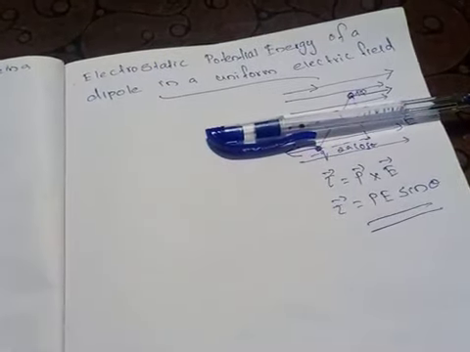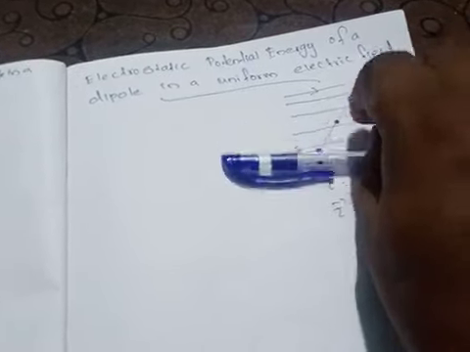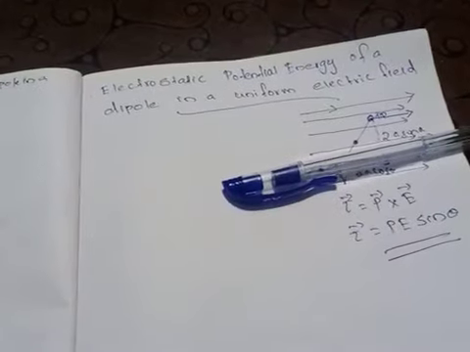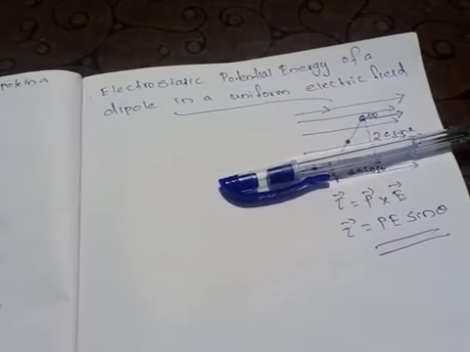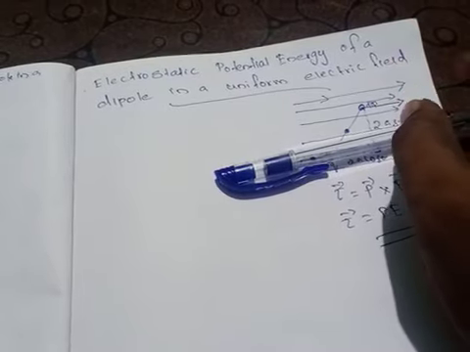So we have to find out the electrostatic potential energy of this dipole, so here some external torque is applied to rotate this dipole at constant angular velocity. So there is an external torque being applied.